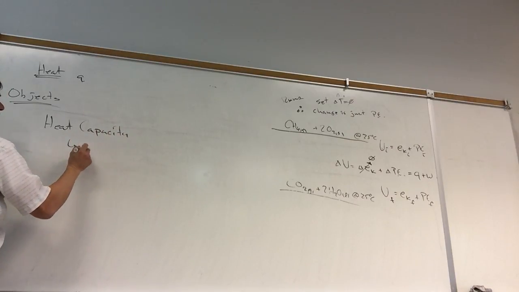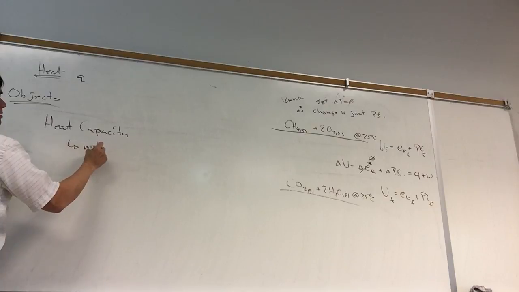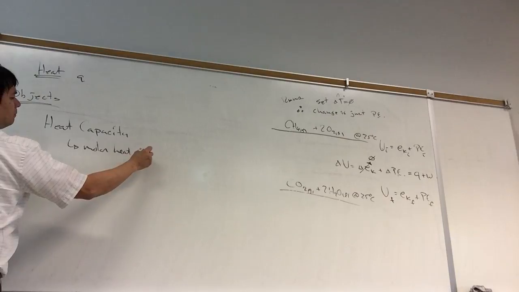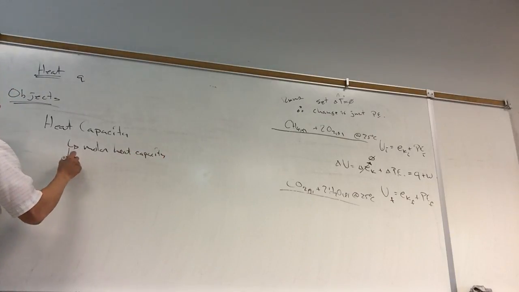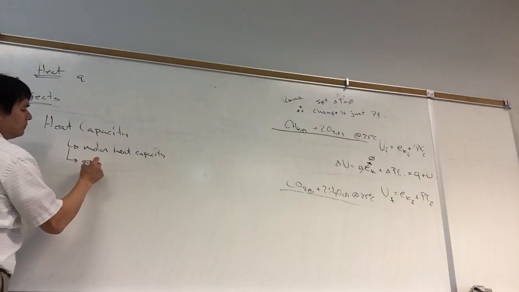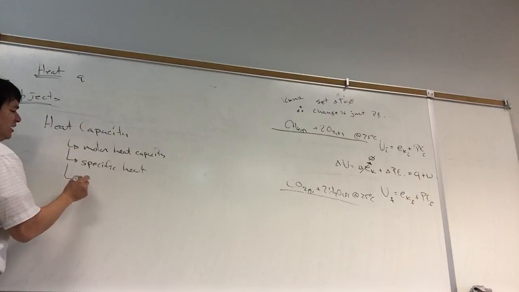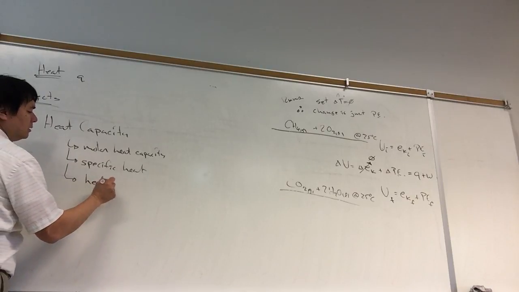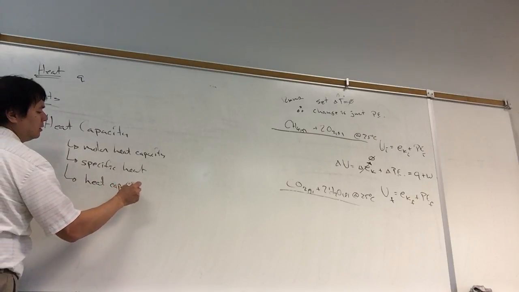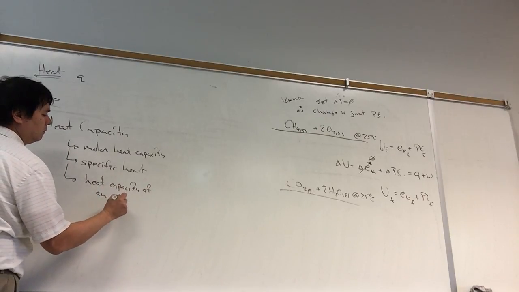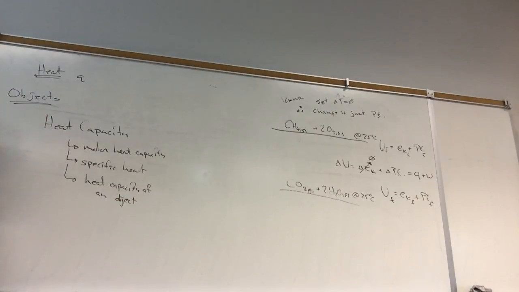There's something called the molar heat capacity. There's something called the specific heat. There's something called the heat capacity of an object. The molar heat capacity gives us a ratio. It absorbs this much energy. What happens to the temperature?